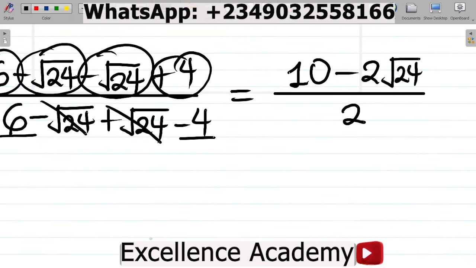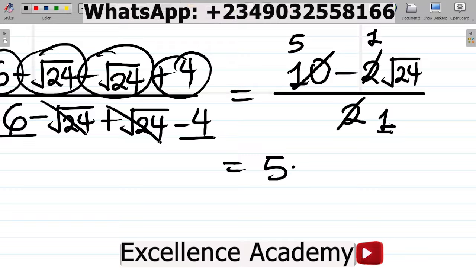Reduce to the lowest term here. 2 here, 1. 10 divided by 2 gives you 5. 2 also here, 2 cancels to give you 1. So this is equal to 5 minus 1 times root 24, which gives root 24.